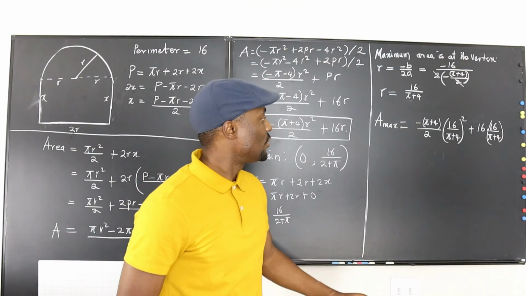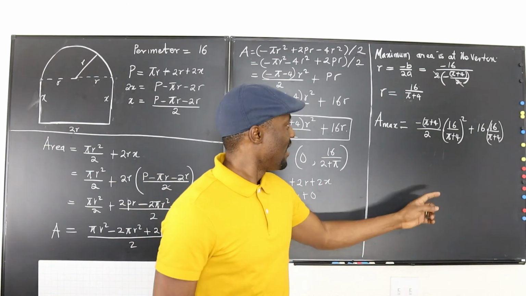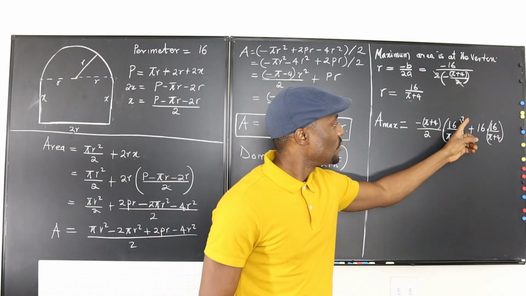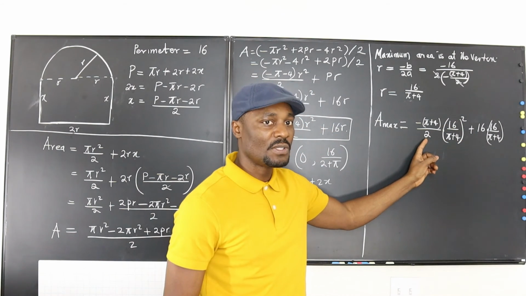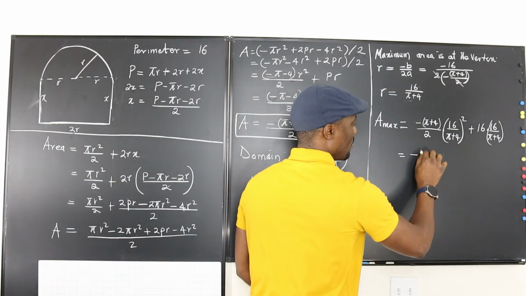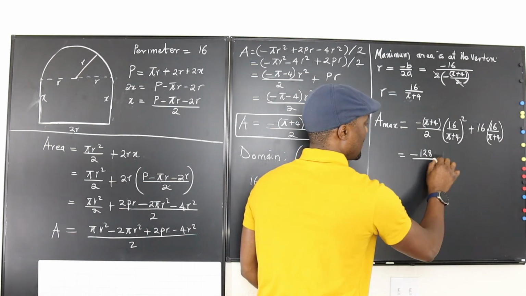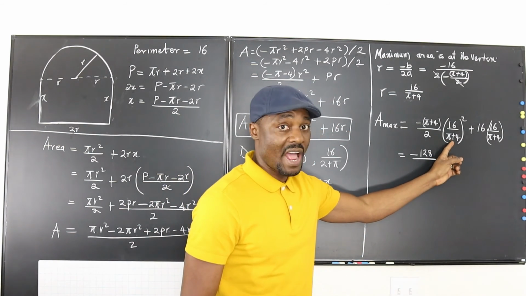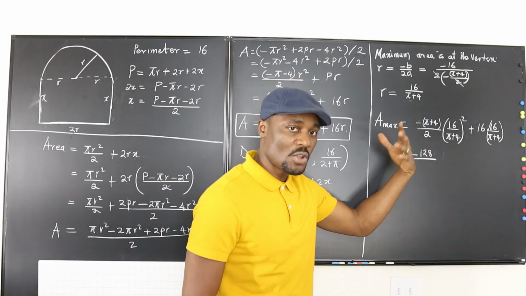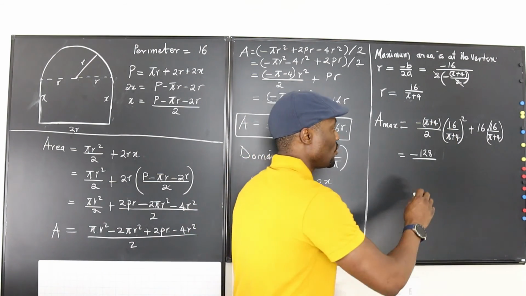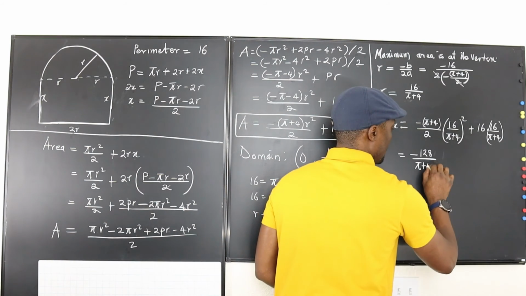Now let's just go straight to the algebra. Now this is 16 squared. That's 256. 256 divided by 2 is going to be 128. So I'm just going to write that. The negative sign is there. 128 divided by, if you square this, you're going to have 2 of it, but this will cancel one of it out, and then you're left with pi plus 4.